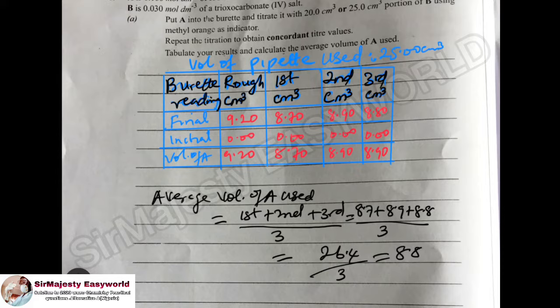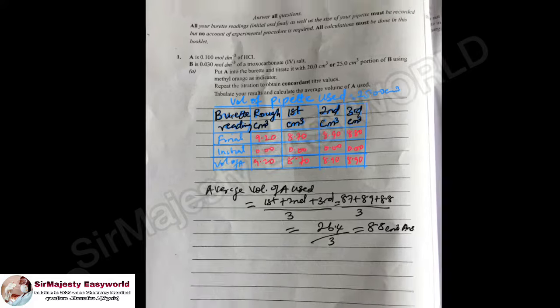Readings. So at least we stop there. We have settled 8.8 cm cube answer. Then we move to the next question.